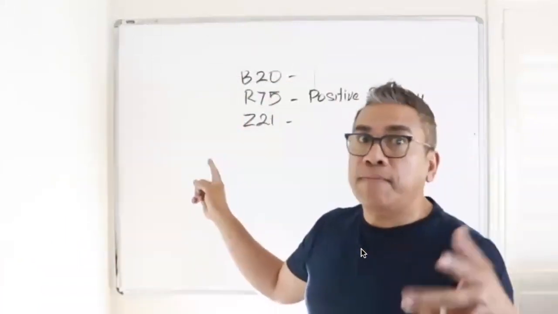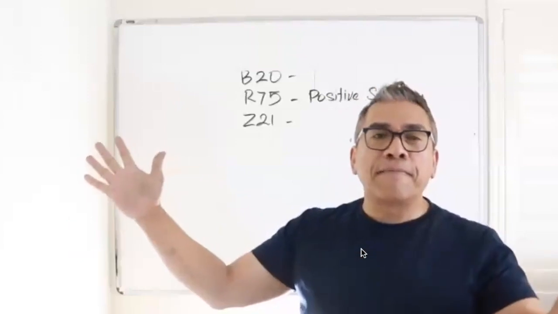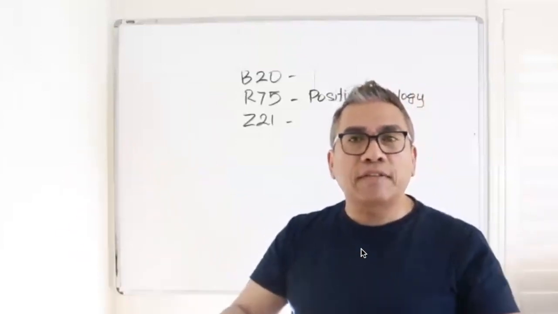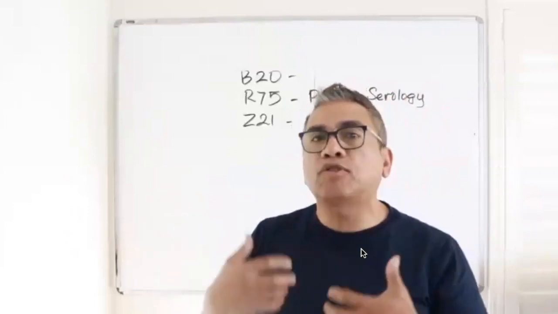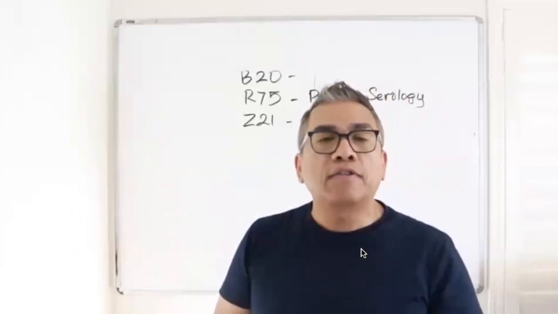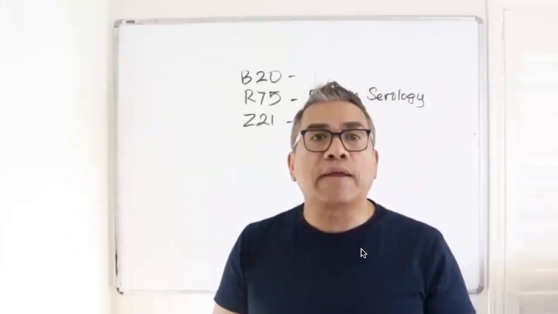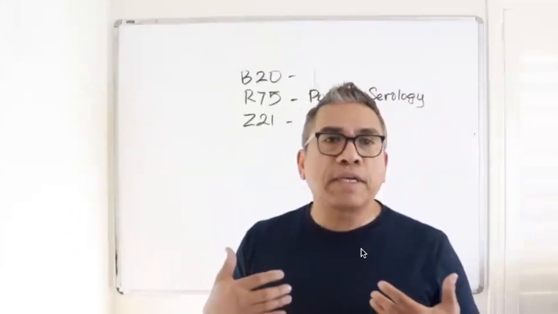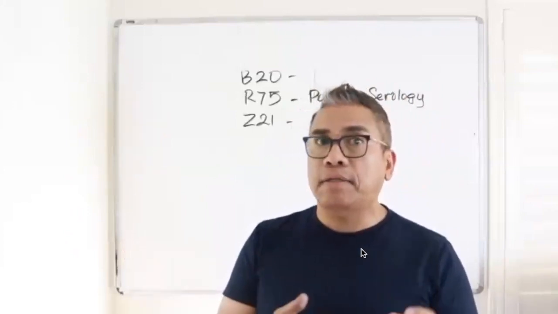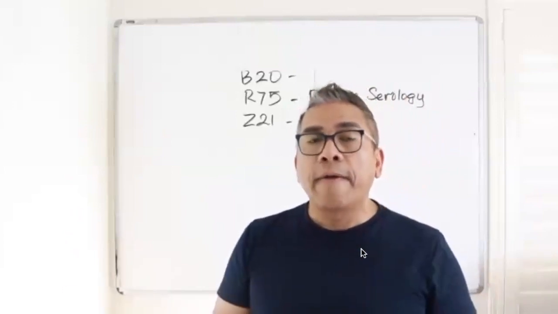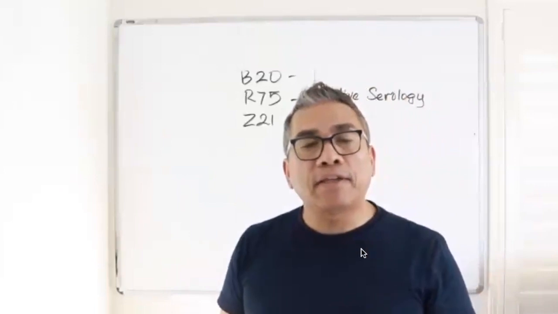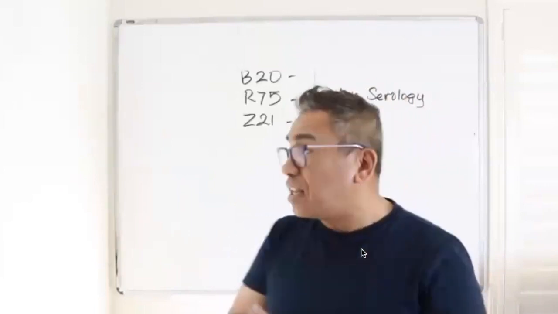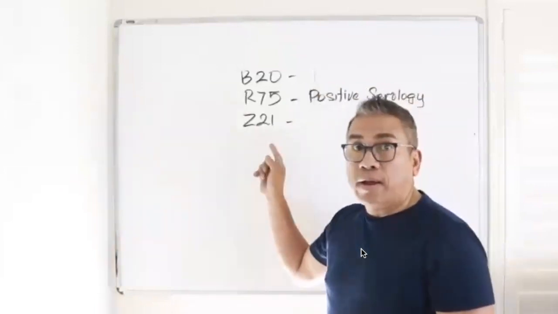There are no signs and symptoms yet. The doctor had ordered the test. A patient may be suspecting that he or she might be carrying the virus, so he went to the doctor for screening. And the result probably came out, hey, it looks like positive serology. But unless the patient says, hey, go ahead, declare that I'm HIV positive, you cannot assign this code Z21.